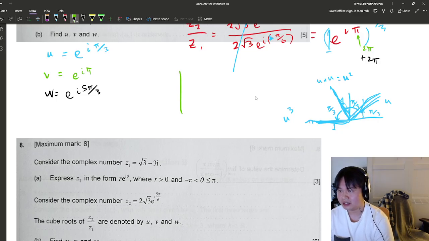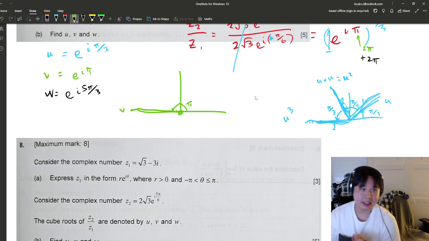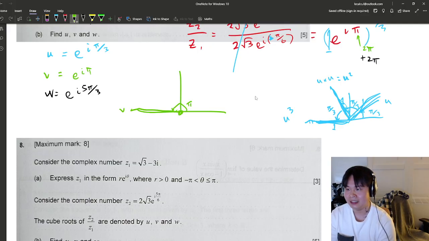So v, right? A single v is already here at pi. And then, if we multiply by v 3 times, we cube it, then we'll end up in the exact same spot. Because if we multiply by v, we go around half a circle, we end up here. This is 2 pi.